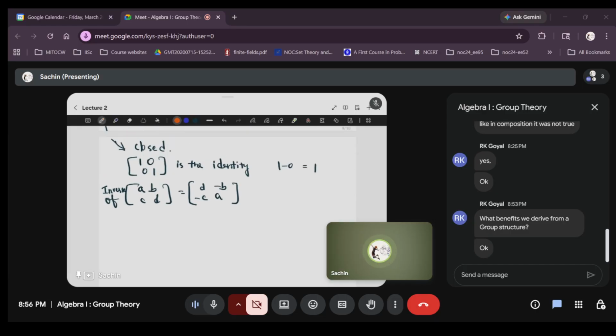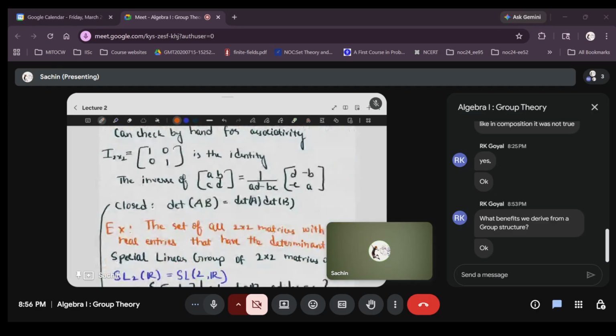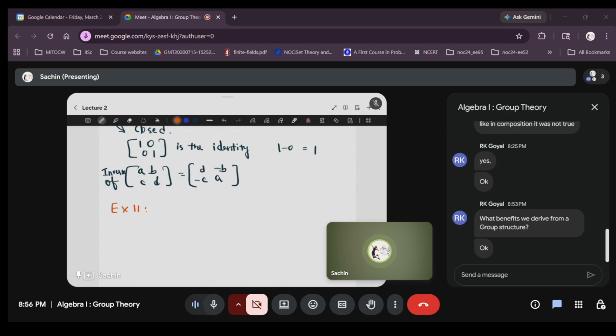Another example, this is the last example for this class. So consider the set Zn. This is a notation for this set: all the elements 0, 1 up to n minus 1, for n greater than or equal to 1, n a natural number.